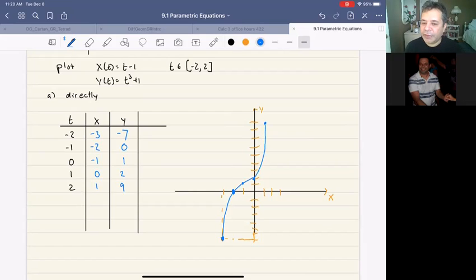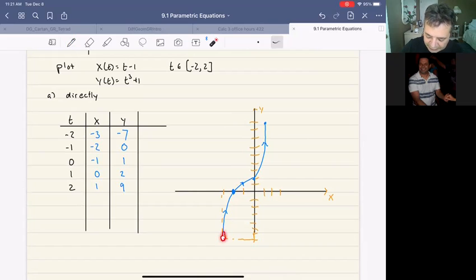Now, a couple of things to notice. One is that I'm not putting arrows at the ends because it's not going farther; it's not going past t equals 2. Second, I am going to put arrows along the curve, and that's indicating the direction it moves in time.